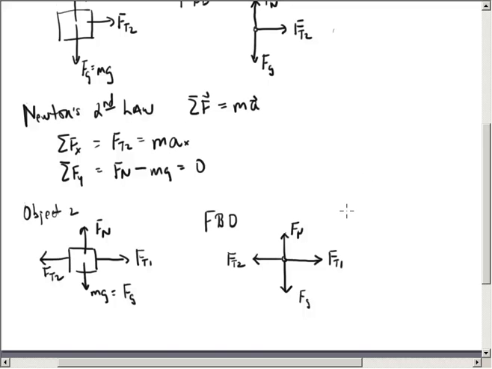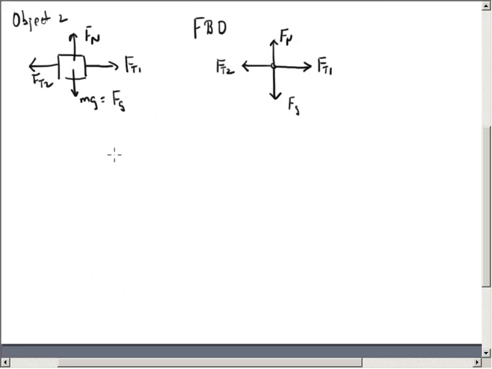Now for object 2, go ahead and write down Newton's second law for the x-axis and for the y-axis. Okay, let's write down Newton's second law for the x-axis and for the y-axis.